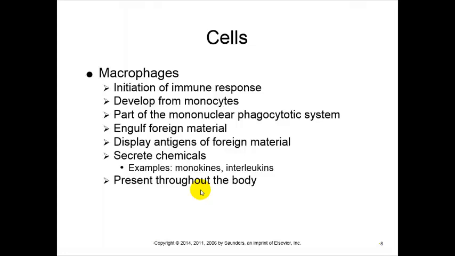Then they can go on from there, B cells producing antibodies, or T cells going to attack that foreign material if they see it again. Macrophages are throughout the whole body, and they secrete chemicals like monokines and interleukins to induce inflammation in the area and also attract those other cells.